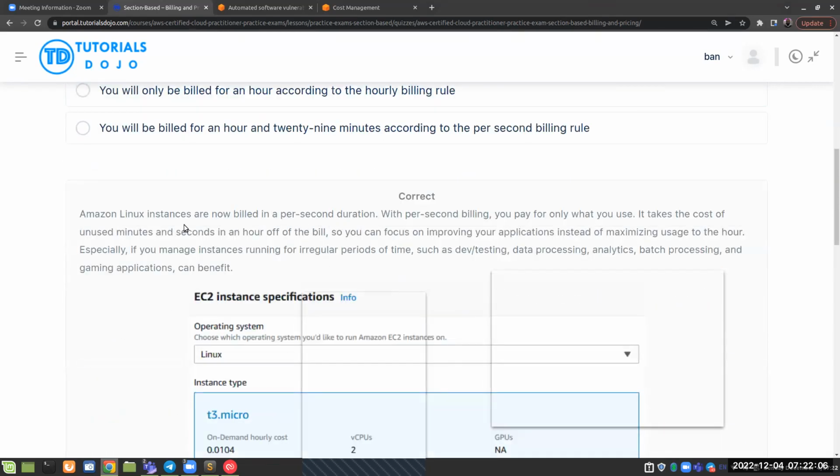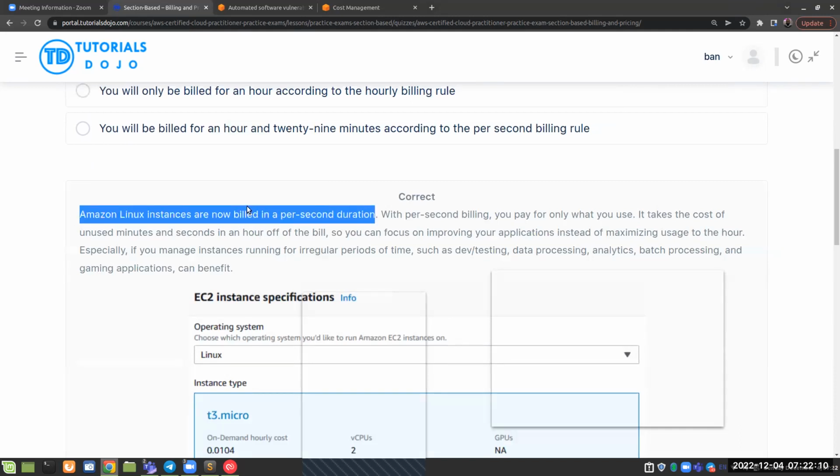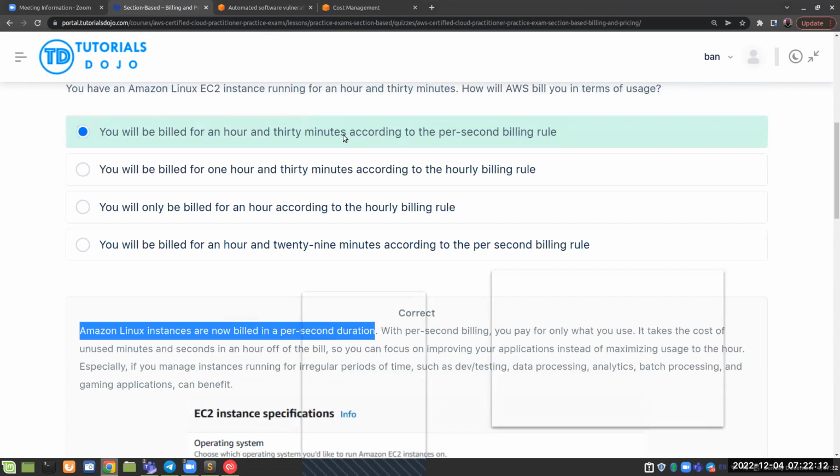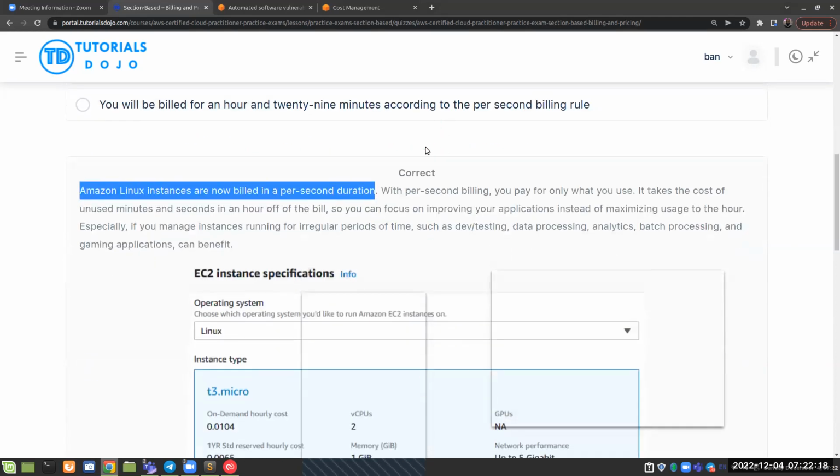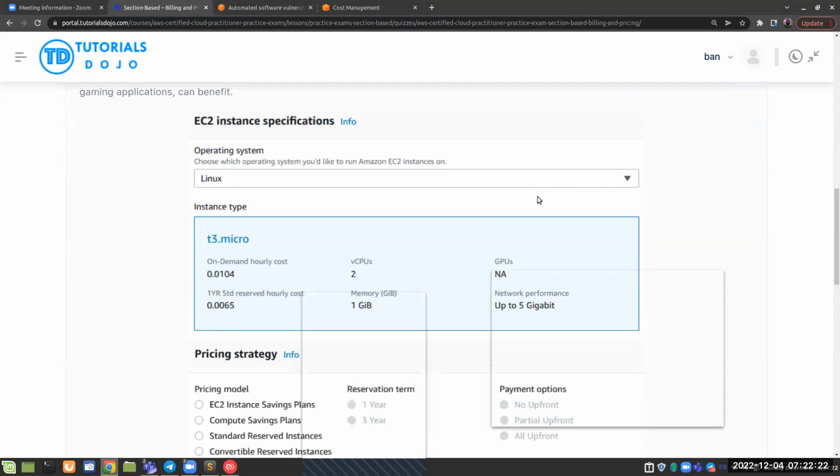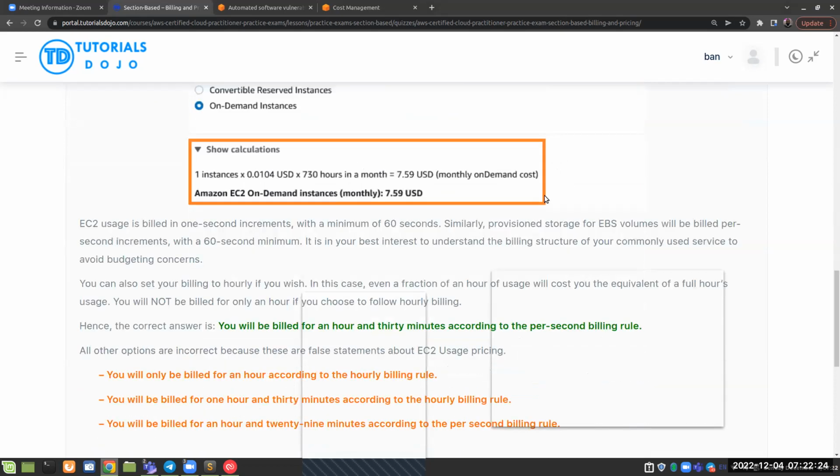Linux instances are billed on a per second duration. So if you use it for 1 hour, 30 minutes, you'll be billed for 1 hour, 30 minutes. So that's what everyone should remember.